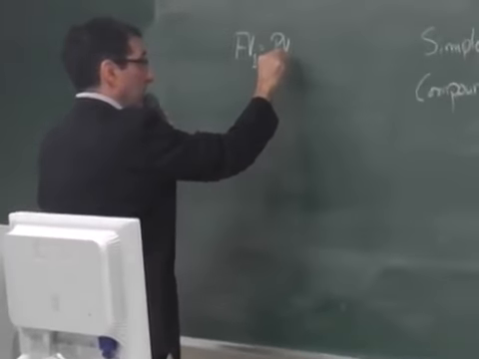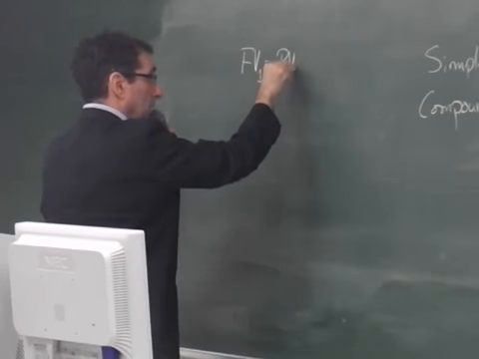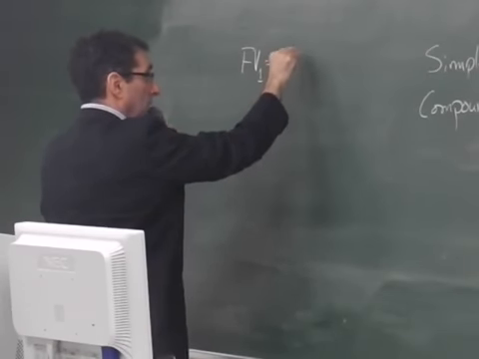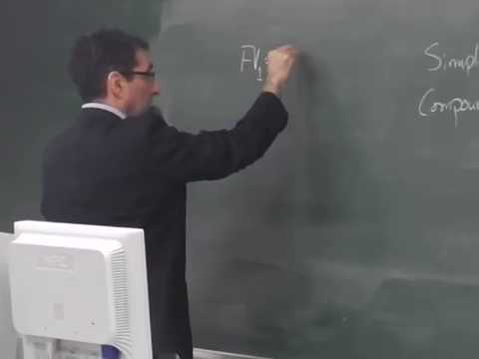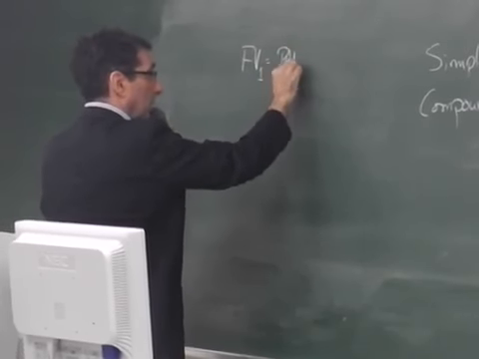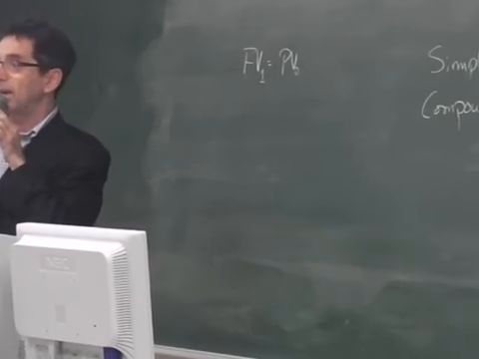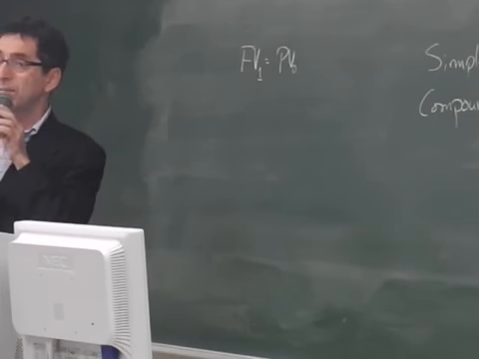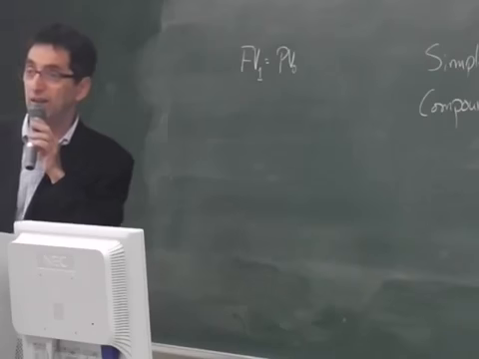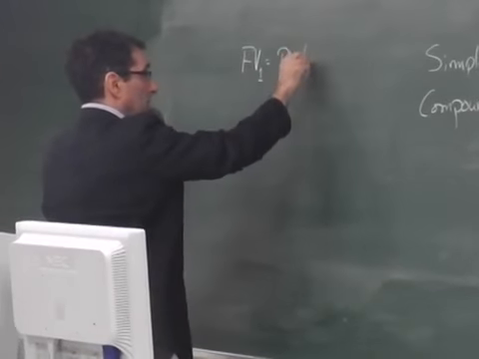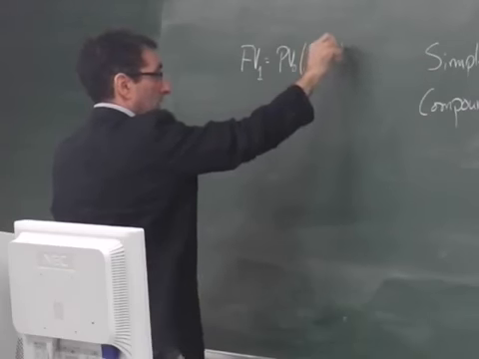I think I'll do PV0. PV0 is going to mean the present value at the beginning. And then times (1 + RT).